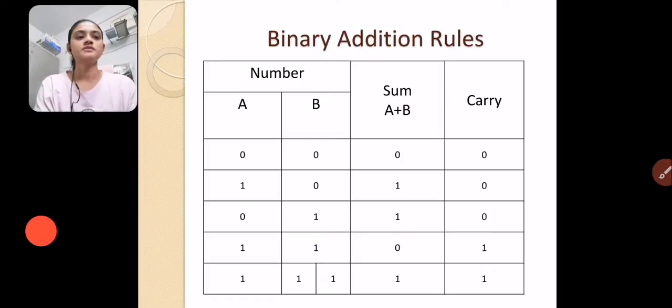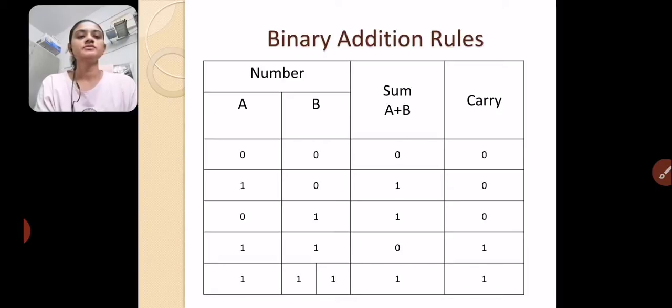So first of all, you have to know the rules of all the mathematical operations, and what logic you should apply, because we are using binary numbers. First we take addition. So what is the rule for binary addition?